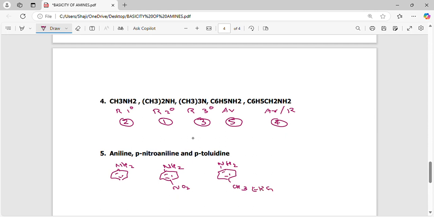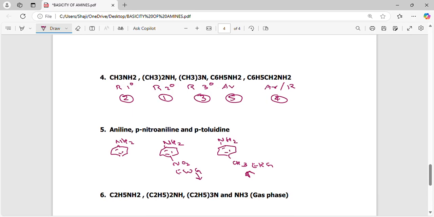It increases the basic character. But the NO2 group is an electron withdrawing group, which decreases the basic character. Releasing group is increasing. So the basic character order is, this is 1. After that you have to write aniline, the one without having any of these. And finally it is with a NO2.